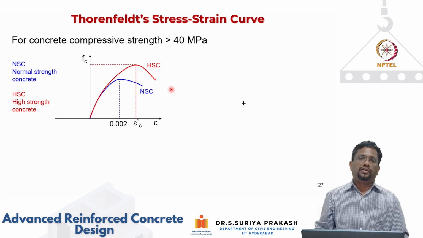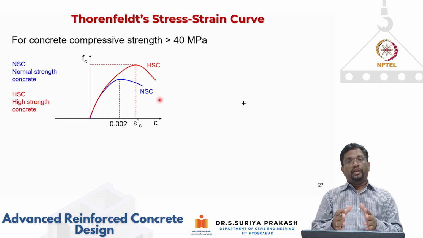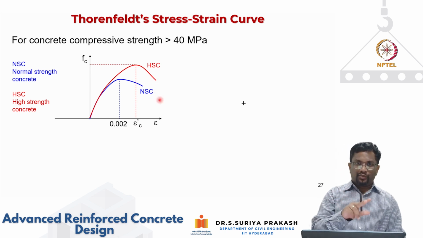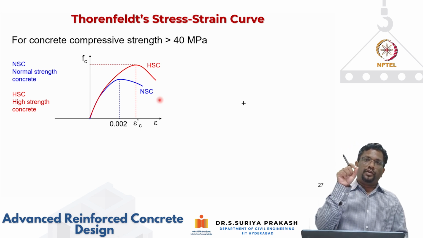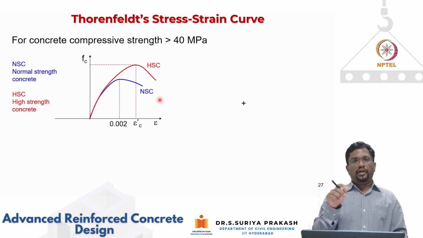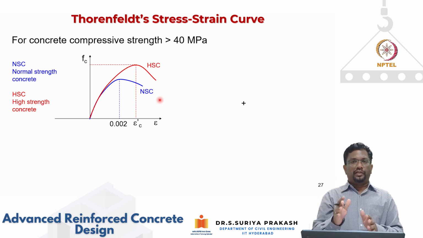As the strength of the concrete increases, we have seen that epsilon prime C is going to keep increasing. However, epsilon Cu, the failure strain. So there is a difference between epsilon prime C and epsilon Cu. Epsilon prime C is the strain corresponding to the peak strength of the concrete. However, epsilon Cu is the failure strain of concrete.